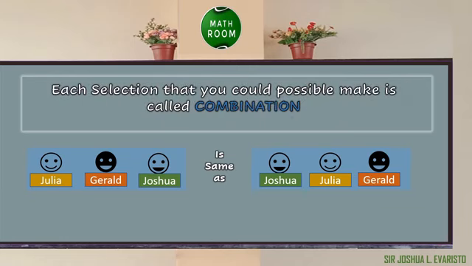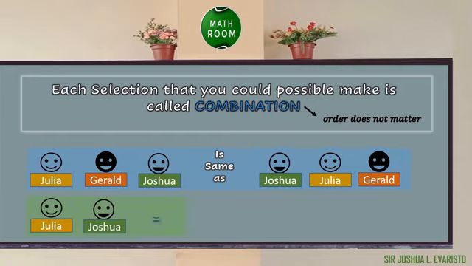Each selection that you could possibly make is called a combination. So in this case, that is just one combination, because in combination, order does not matter. On the other hand, if you choose Julia, Joshua, and Moira, that is another combination, and it's different from the first combination cited.